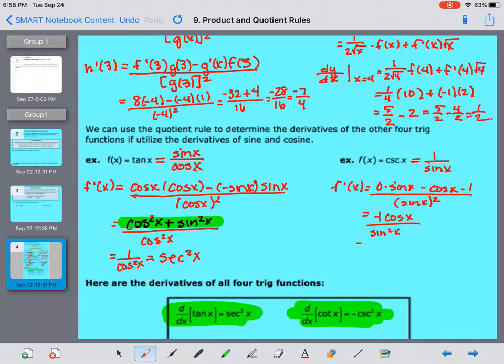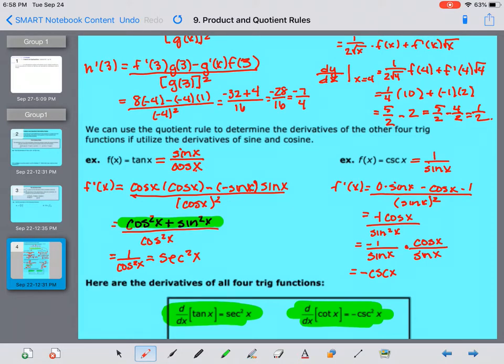Now, if we think about this, we can actually look at these as two separate fractions that are being multiplied. So I'm going to split up that sine x. Okay, so all I've done is kind of split up my fraction. Now, you might think, why are we doing this? But if we go back to what we have now, we can clearly see that this idea of negative 1 over sine of x can be rewritten as negative cosecant x.